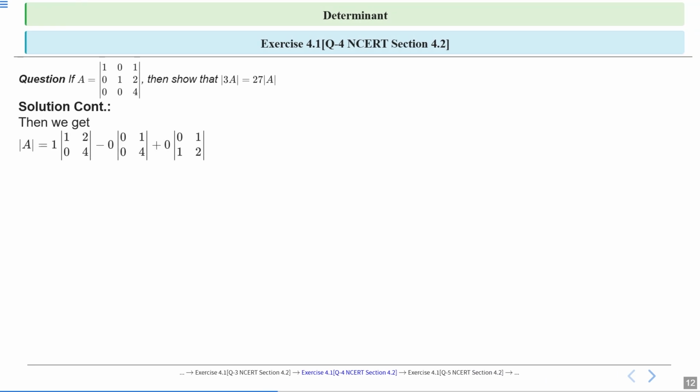So when we expand along the first column, the first column is 1 0 0. So 1 into determinant of 1204, then minus 0 into determinant of 0104 plus 0 into determinant of 0112.